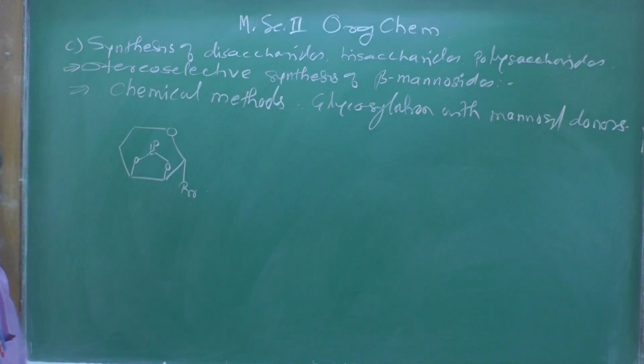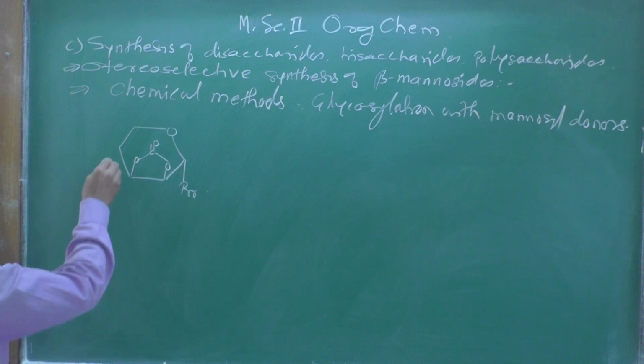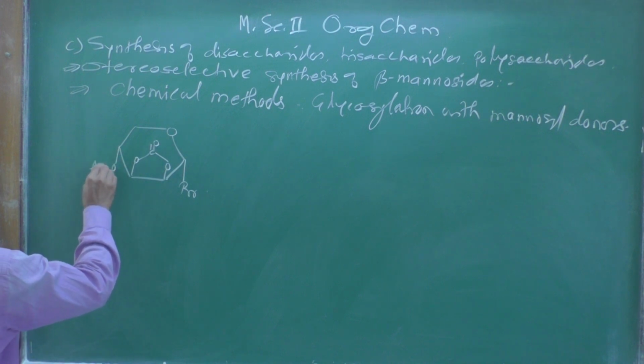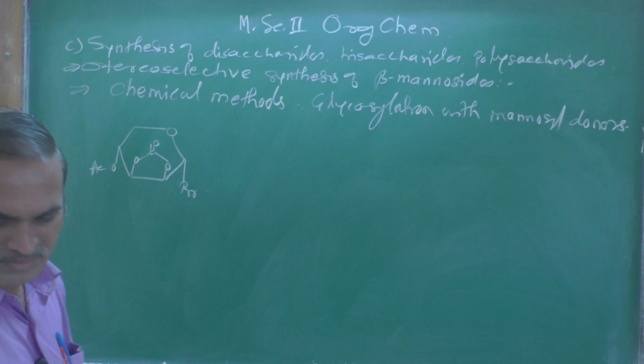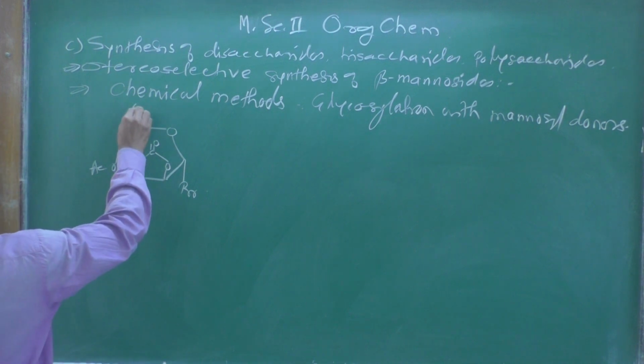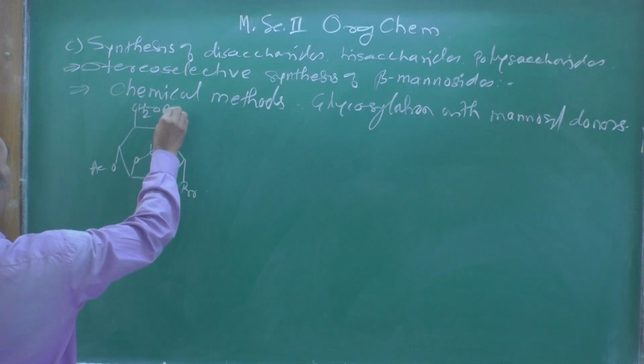Now at this junction, at this corner, there is a protected acetyl group, and then here is a CH2O acetyl group.